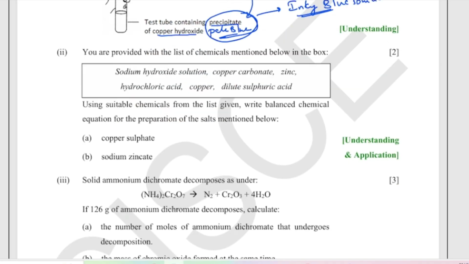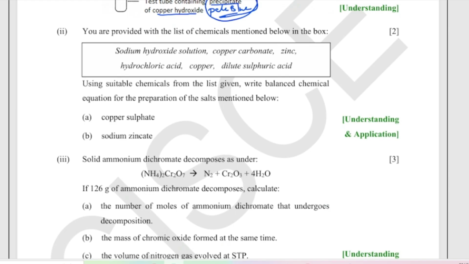Right, next. You are provided with the list of chemicals mentioned below. Using suitable chemicals from the list given, write a balanced equation. First one, I want to prepare copper sulfate. So which can be used? I have copper carbonate and hydrochloric acid or dilute sulfuric acid.